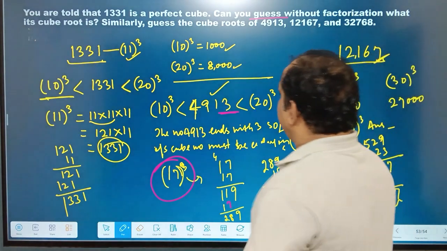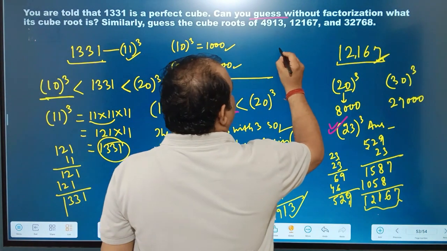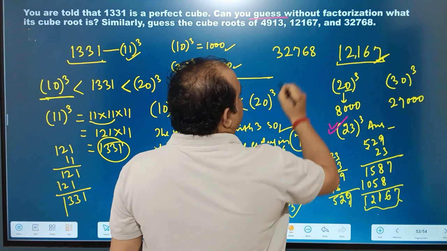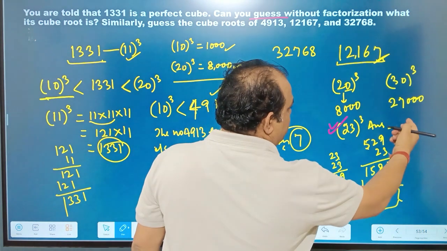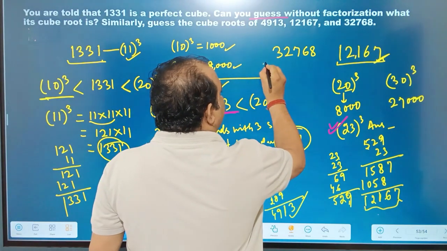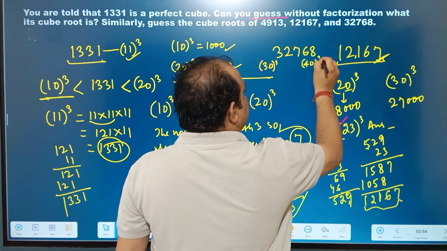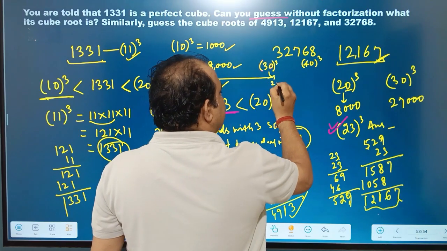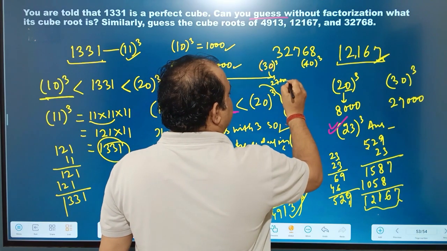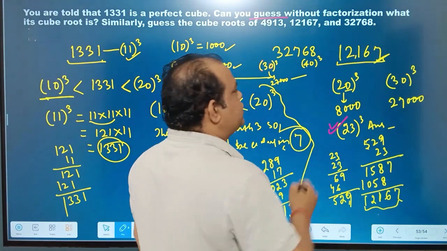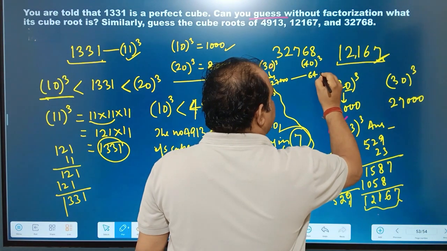So this is how we find. Now the last number is also there. You can do this by yourself, but let me just do it. 32,768. It is more than 30,000. So this would be in between 30 ka cube and 40 ka cube. Correct? 30 cube is how much? 27,000. And this one is how much? 4 4s are 16, 16 4s are 64. So 64,000.